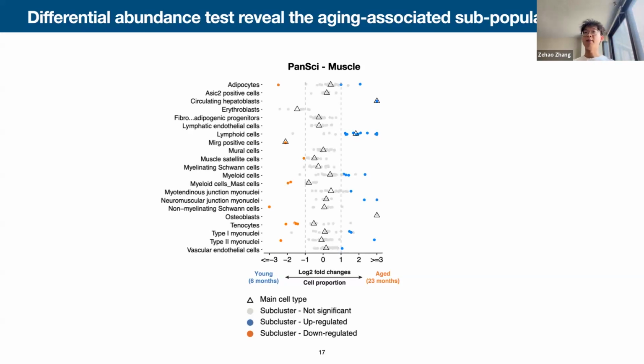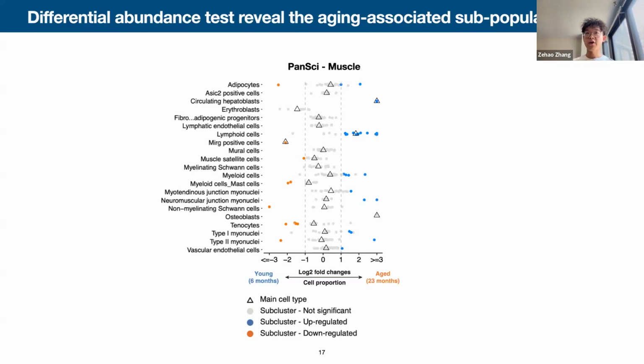We can see at the main cell type level, most of the cells do not change a lot during aging. But once we zoom into the subcluster level, denoted by the circles, we can see at the subtype level, there are a lot of cell populations that underwent a significant change in aging.